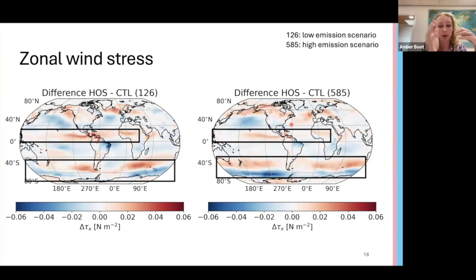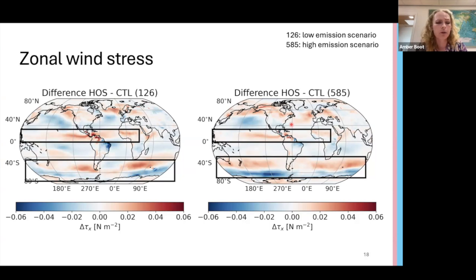And basically the changes in temperature, in the precipitation, in the wind stress, they change the vertical structure of the upper ocean. They change stratification, they change mixed layer depth. And this has an effect on our biogeochemistry, which I will talk about later.